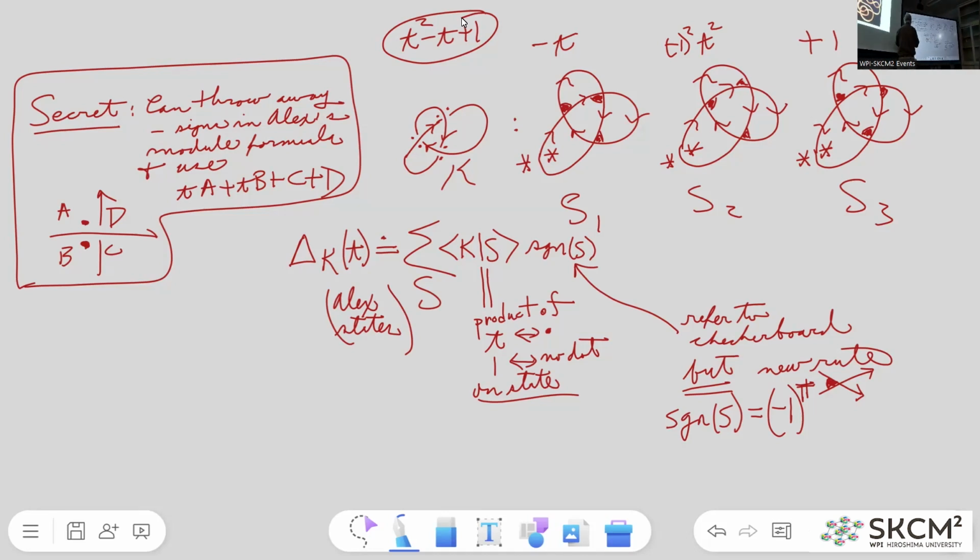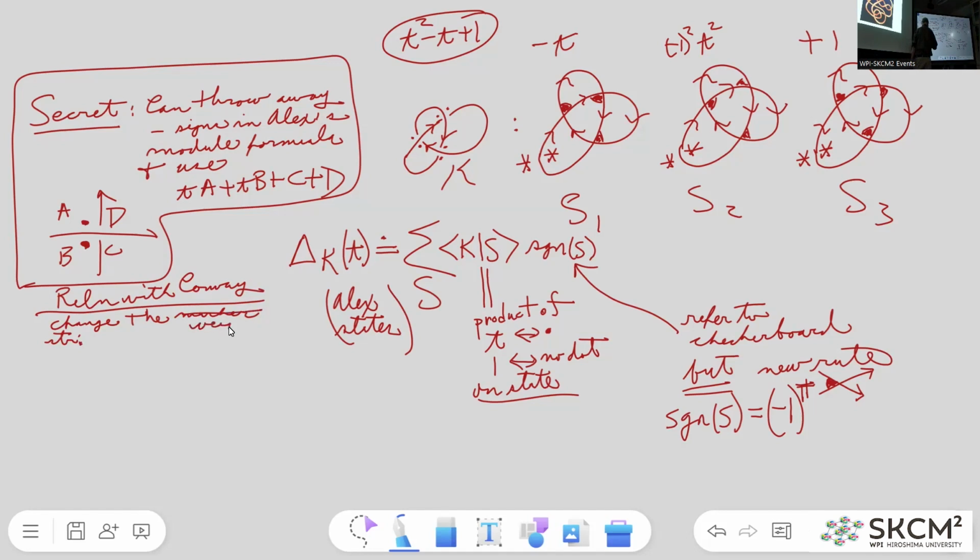Now then, the relation with Conway is to change the weight structure, not the marker structure of the states, but the polynomial weight structure.